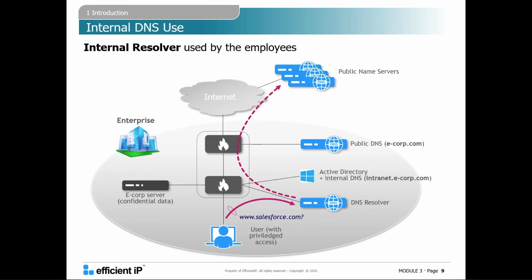For a user within the enterprise or organization to get to salesforce.com, he will ask the DNS resolver, and the DNS resolver will then query the public name servers to resolve salesforce.com, and that answer will always be cached. So this is a very typical scenario.